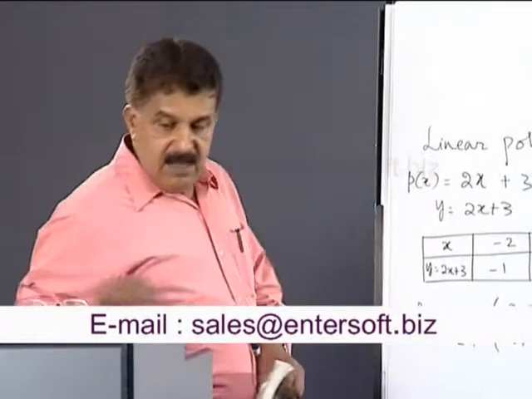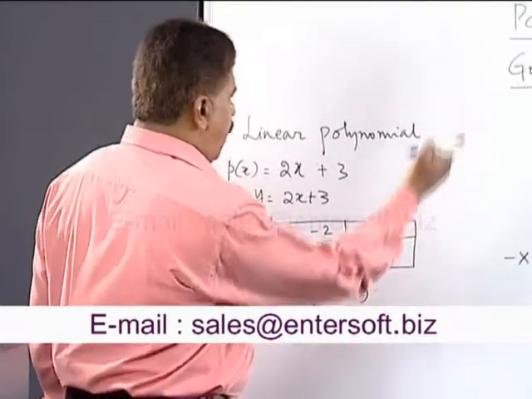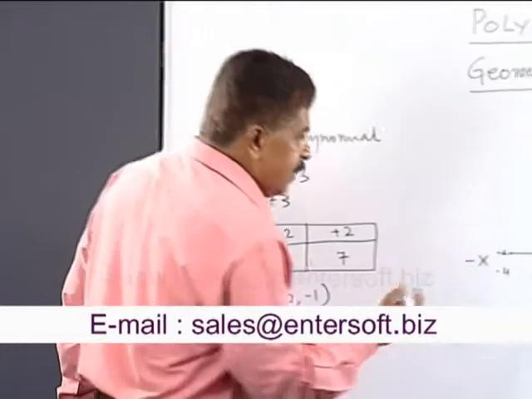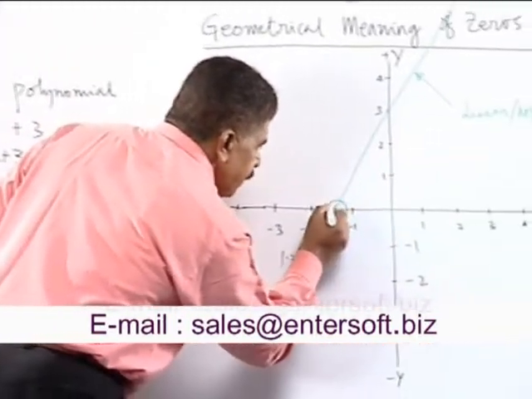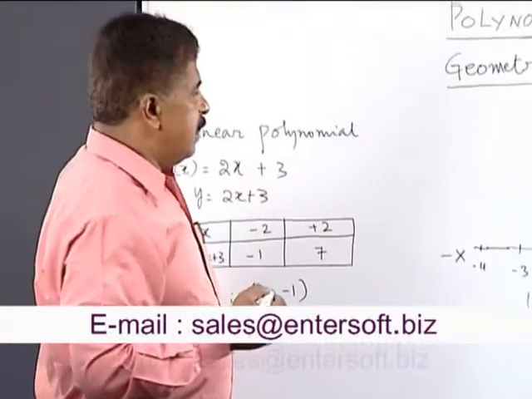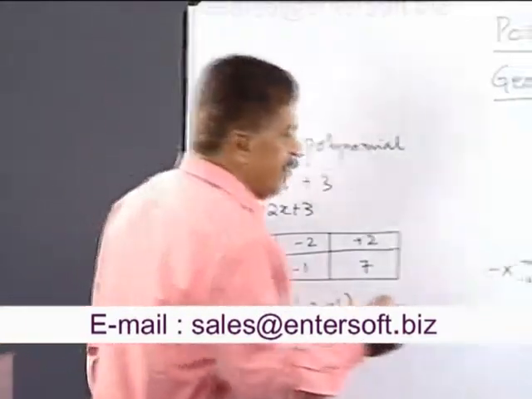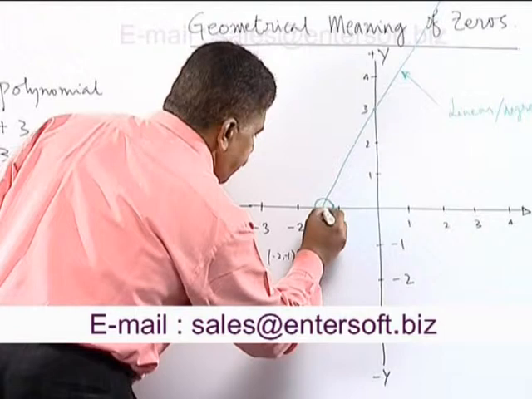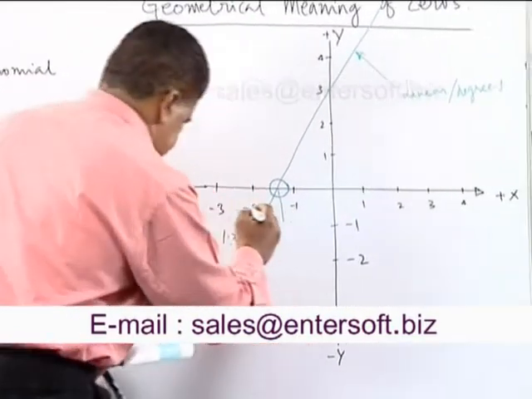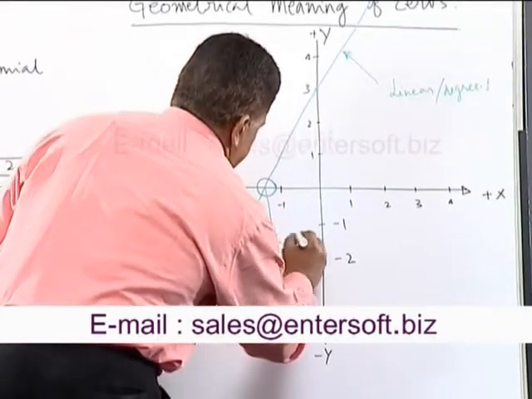Yes, you are able to tell me, because we know that when you geometrically plot a linear polynomial on a graph sheet, then the point at which it intersects the x-axis is the point which is the value of the 0 of the polynomial. For example, if you look at this, if you find out this value will be 1.5, exactly to tell you, this will be minus 3 by 2 and 0.